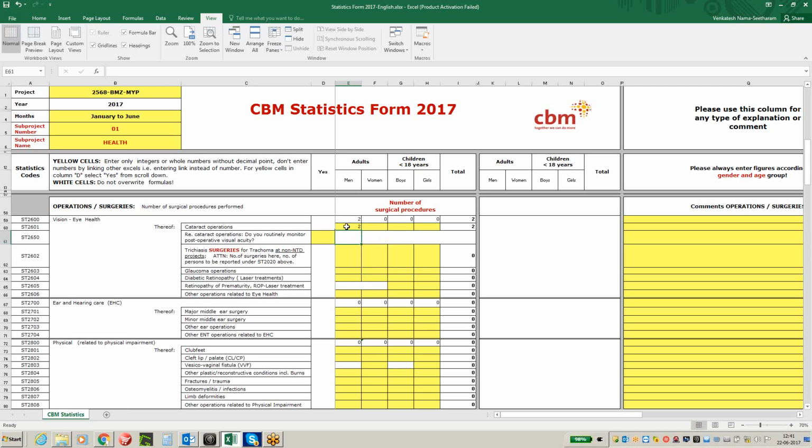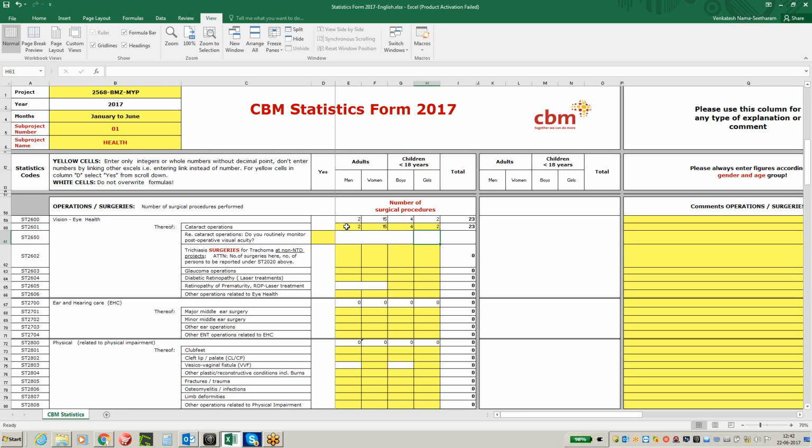They are counting how many surgeries for men, for women, for boys and for girls, how many cataract operations or surgical procedures they have done. It is not number of persons here, it is number of surgical procedures that need to be counted.